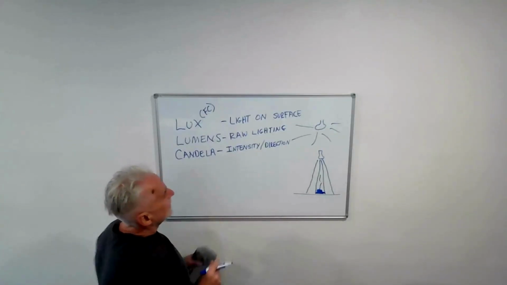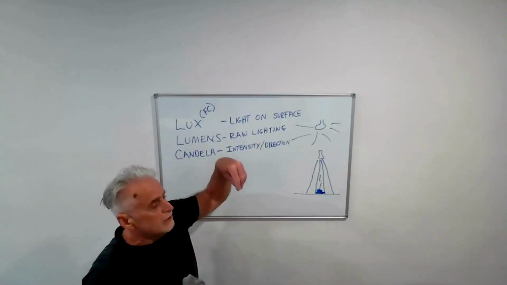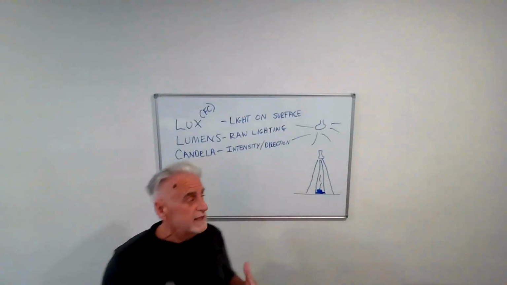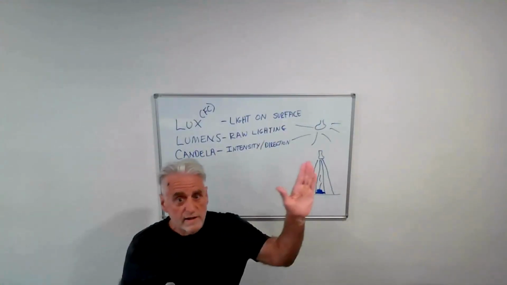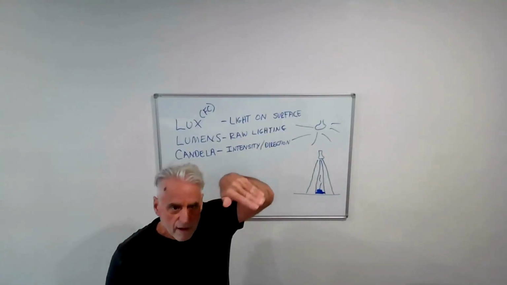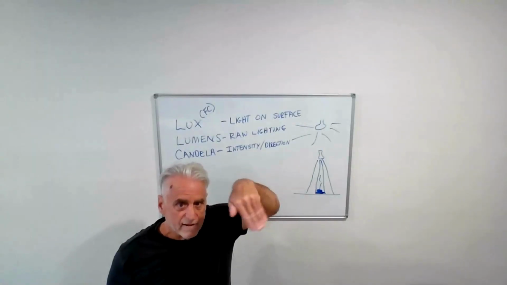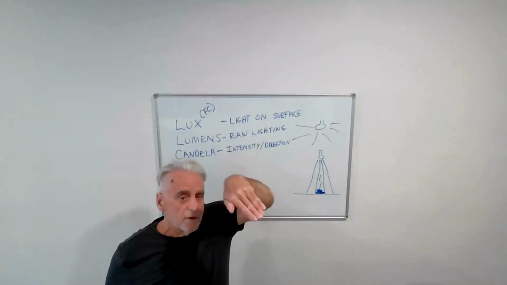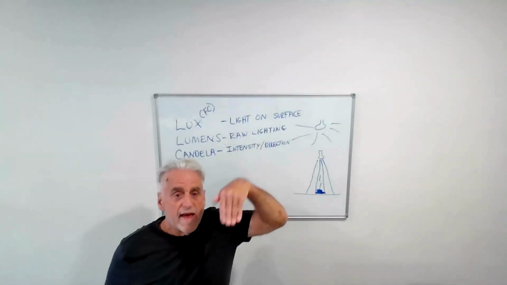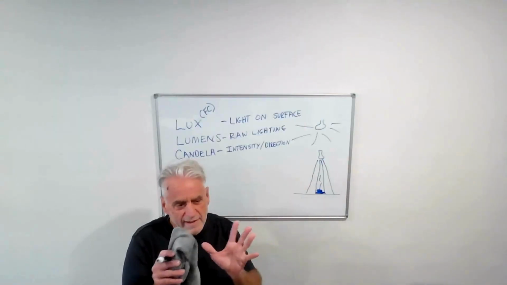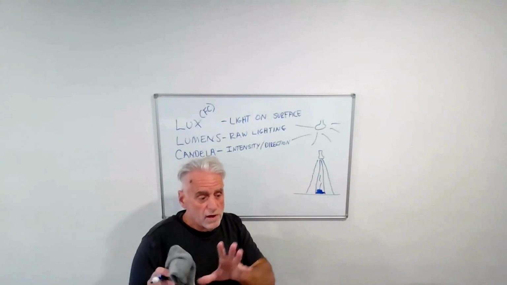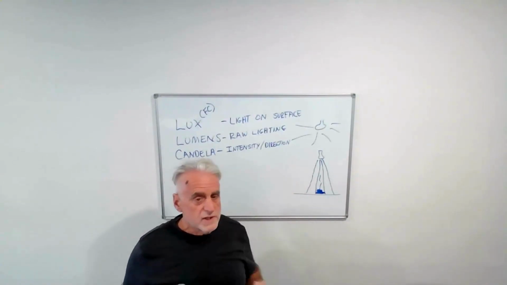So candela is the reference, and if you go to a manufacturer's cut sheets or spec sheets, you'll see their chart for candela, and it's going to tell you based on various angles what percentage of light is going in that direction and the intensity of that light. And that's what you can use to determine if it's a right fit for your application.